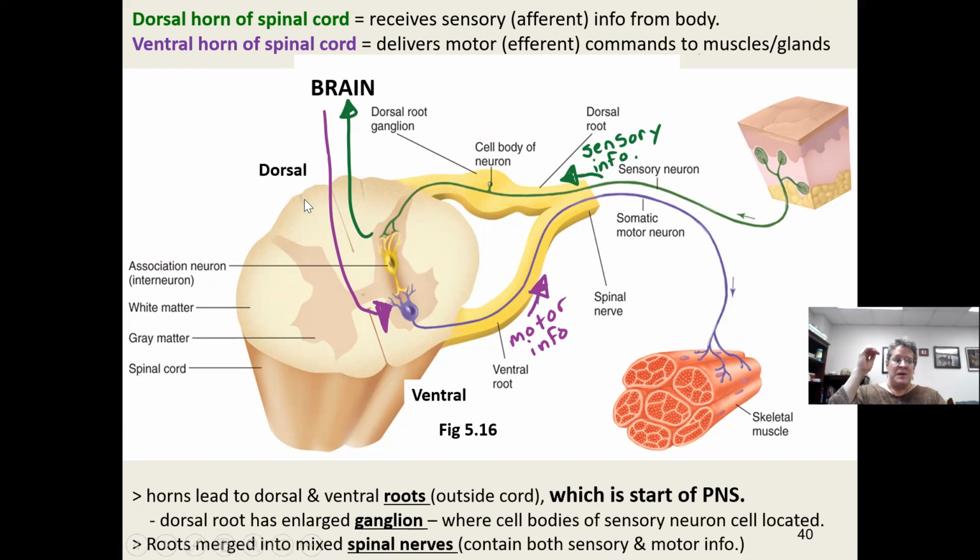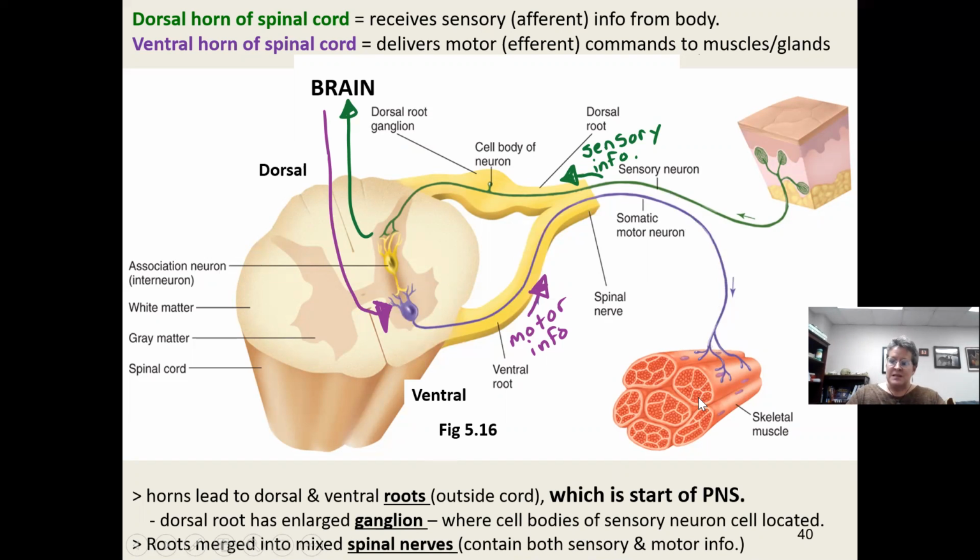If it's a motor command coming from your brain, like your frontal lobe's motor cortex, that comes down the brain regions, down the spinal cord, and it leaves the spinal cord through the ventral root. Then that motor command goes out and merges with a common spinal nerve. See that image, the purple neuron here is delivering a motor command to muscles so that they'll contract.